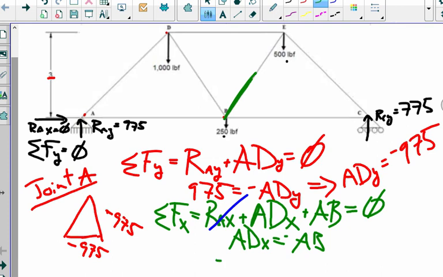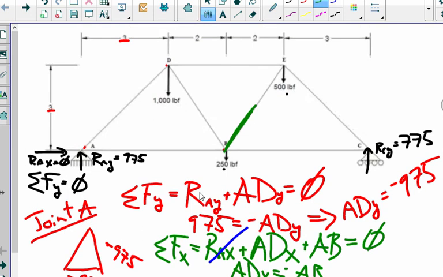So I have negative 975 is equal to a negative AB, or AB is equal to 975. So what you're doing is slowly picking apart the forces of the beams. All right? So if we work our way back, right here, you know that AB is equal to 975.